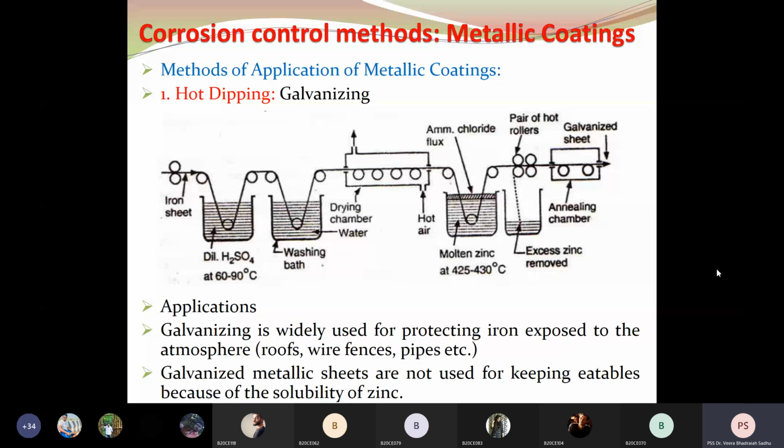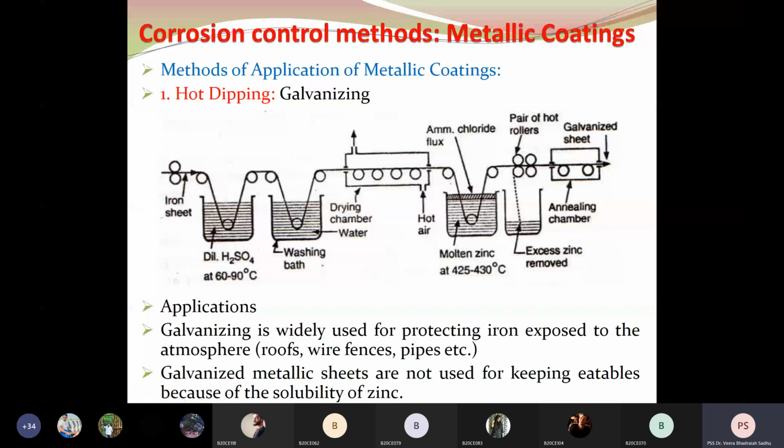In this annealing step, there will be bonding between your zinc and iron. For example, if you don't anneal it after coating, then you may lose some zinc later on, because the bond formation between zinc and iron may be less.